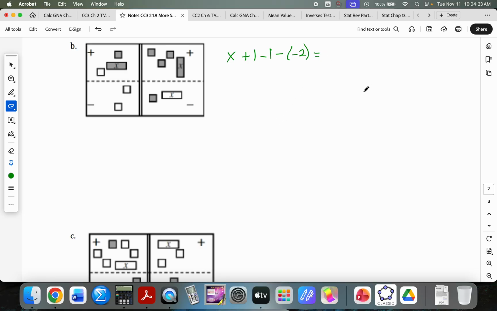Equals. Nyla, tell me how to write the right side, please. X plus 3. Good. Plus 1. But this is in the negative region, so it's minus x or plus negative x.